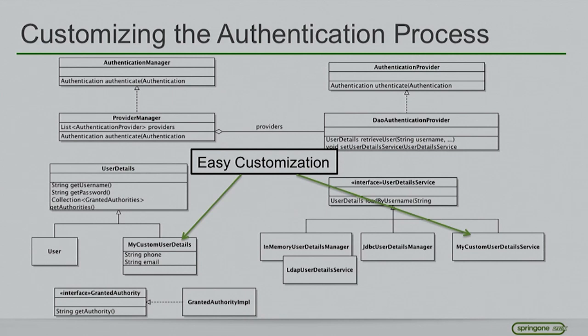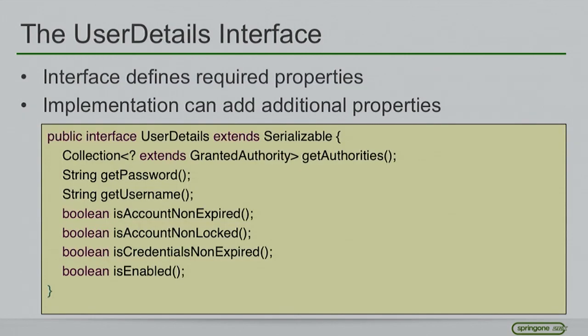The point of this is that if you look at the bottom section, user details and the user details service are two interfaces that are commonly implemented in custom ways. And it's very easy, using this programming to interfaces architecture, to simply implement your own custom user details service and your own custom user details object.